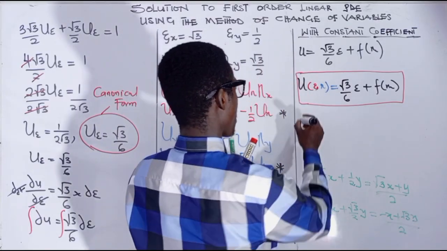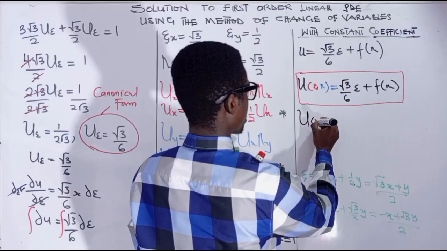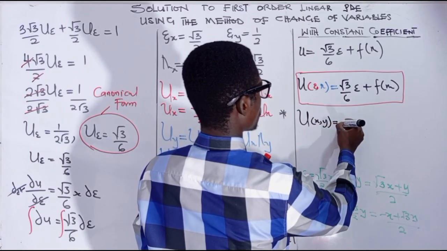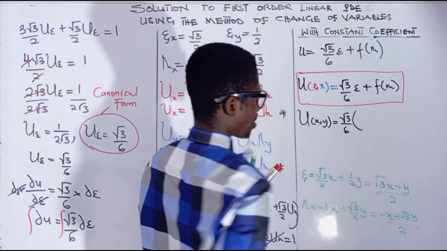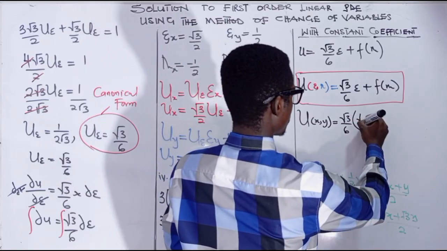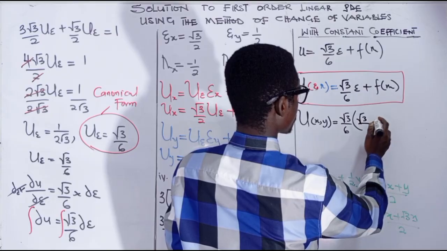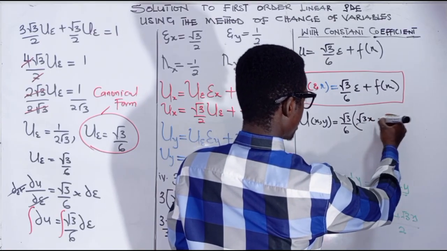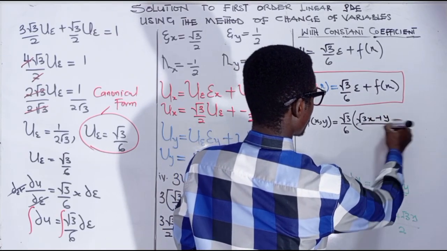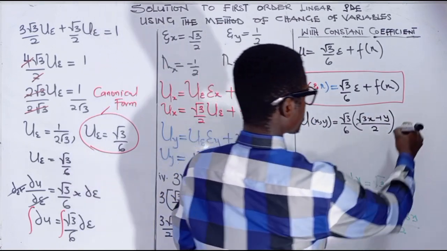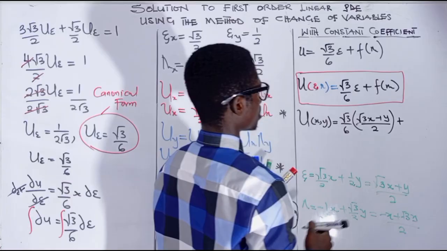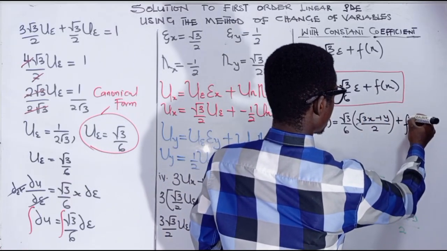So right now, our general solution, which is in terms of x and then y, is equal to root 3 all over 6, and then we have our Zaya, which is root 3 x plus y all over 2, and then we have plus a function of eta.